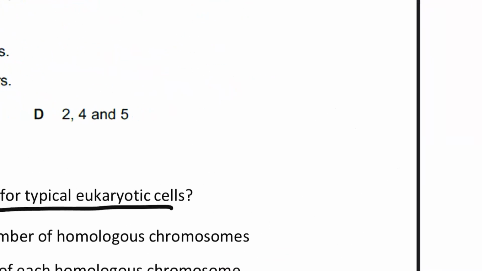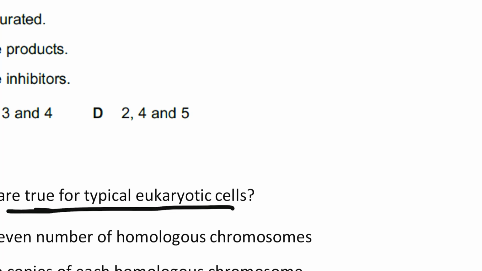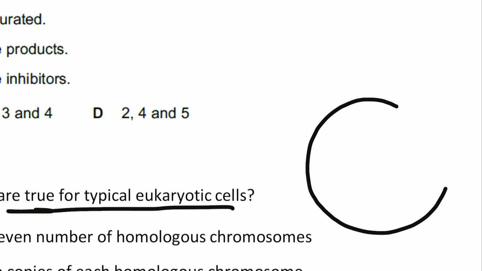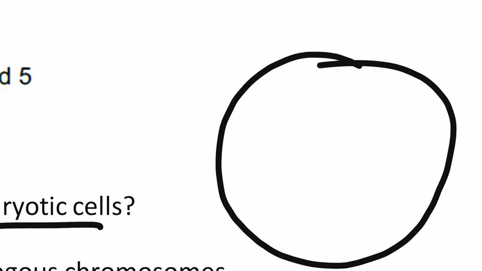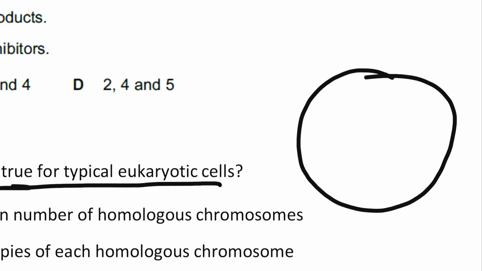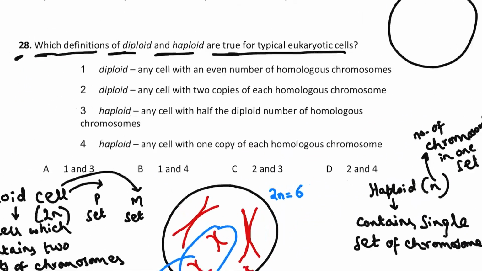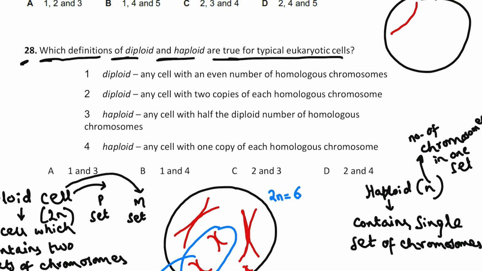If we talk about a haploid cell, guys, always remember this point, that a haploid cell does not contain homologous chromosomes. A haploid cell contains only one copy of each homologous chromosome. So for example, if we make the cell haploid, there will only be one copy of each homologous chromosome.